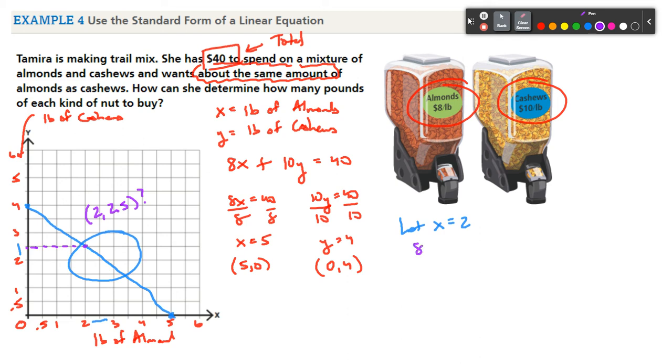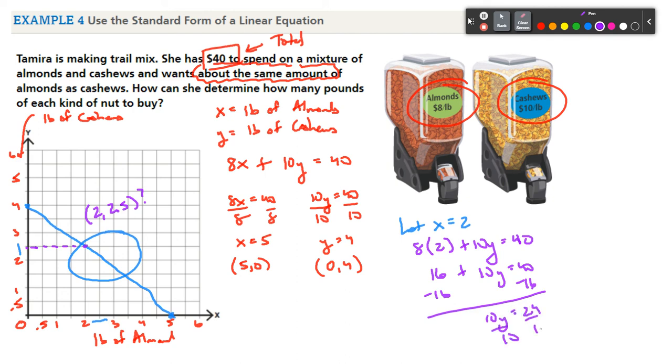So let's do 8 times 2 plus 10y equals 40. Okay, 8 times 2 is 16. So 16 plus 10y, sorry, 10y. It's no fun making a mistake on this thing. Okay, so plus 10y equals 40. Let's subtract 16 from both sides. So 10y equals 24.